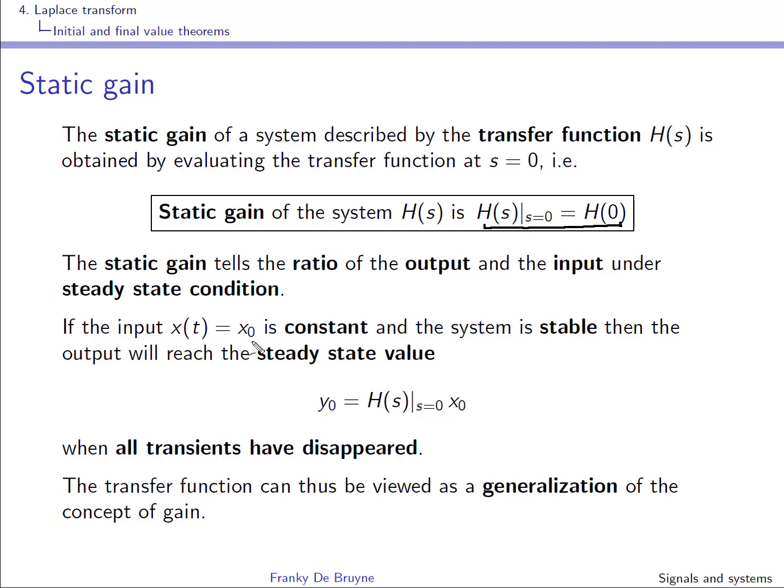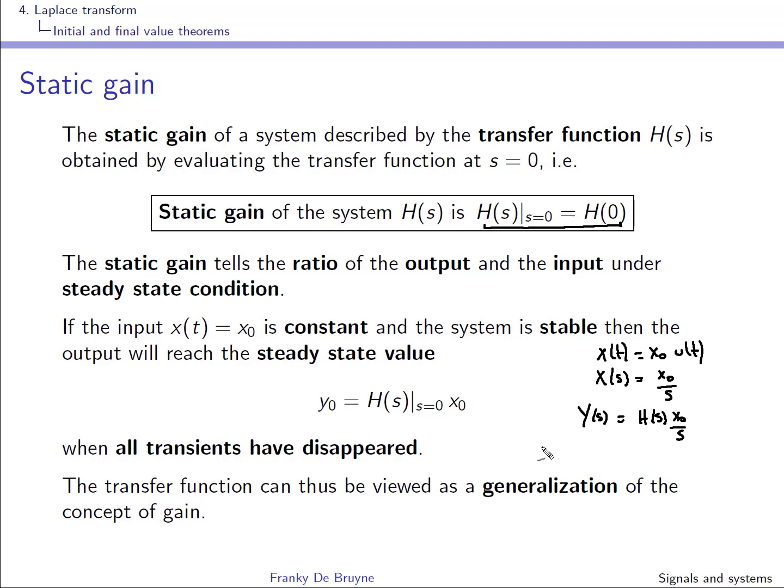So let us assume here that we have a signal x of t that is equal to x0 u of t. So x of s will be x0 divided by s, right? And the output will be h of s times x0 divided by s.